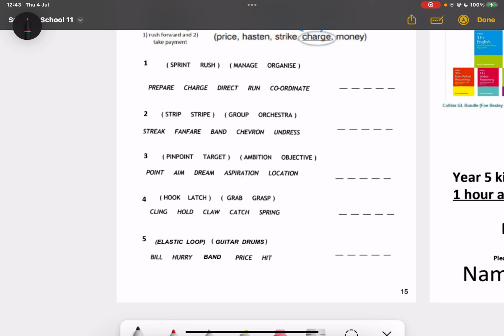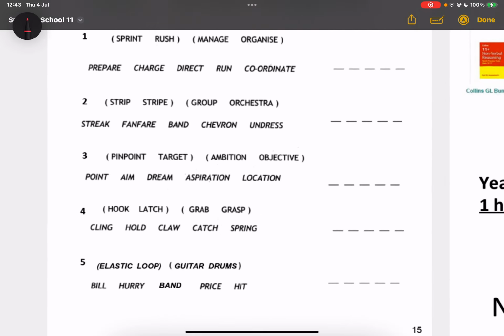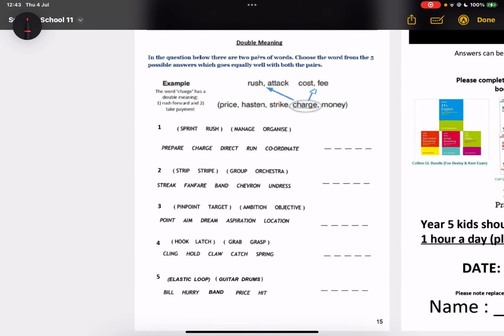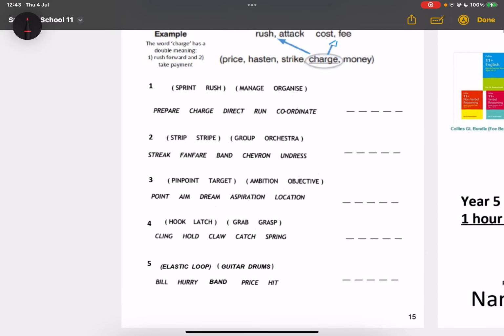So with 1, we have sprint and rush and manage and organise. So sprint and rush are both words that are saying that you're running very quickly. So this is all double meaning. So with sprint and rush, it's not going to be prepare.